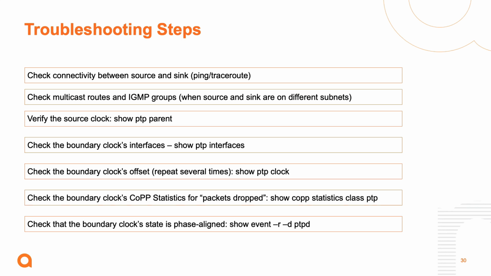Let's say after 10-20 minutes of the clock running, make sure that it's reached the phase aligned state. What does that mean? The initialization process of a boundary clock has two big steps. The first one is the selection of the parent. And that's what we mentioned earlier about using all those parameters to select the parent.